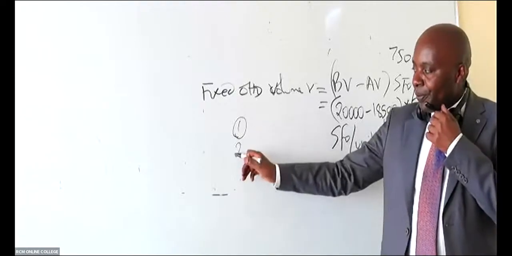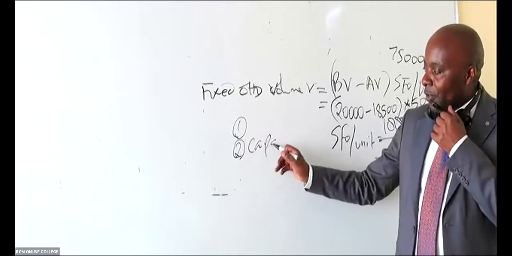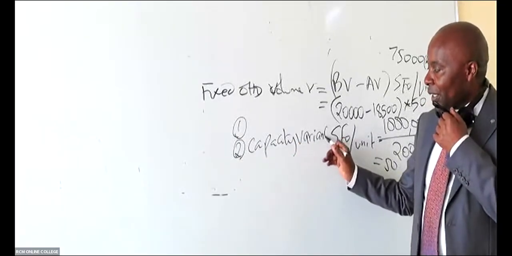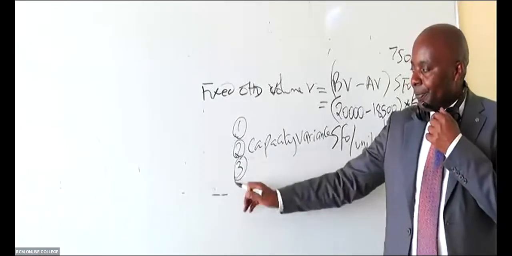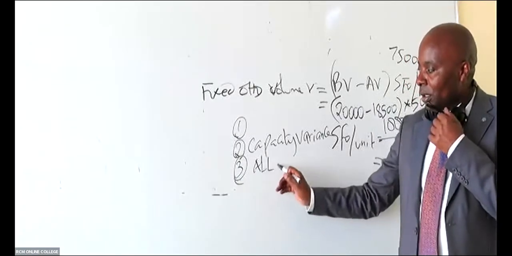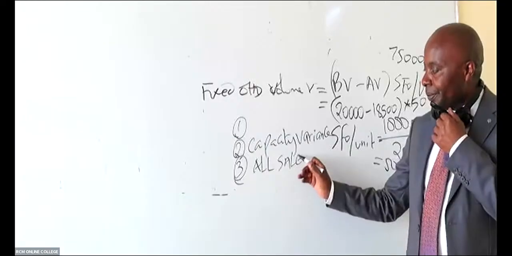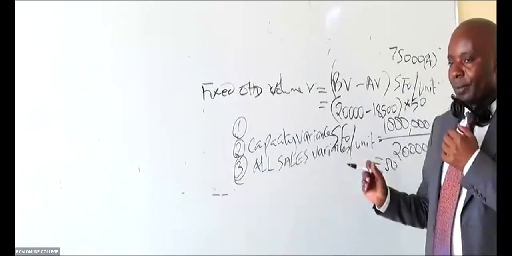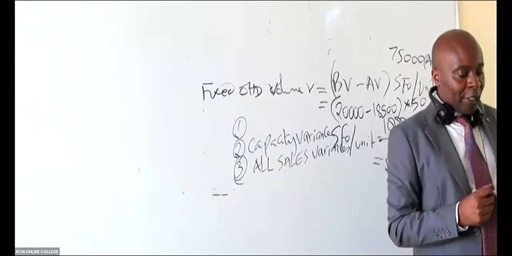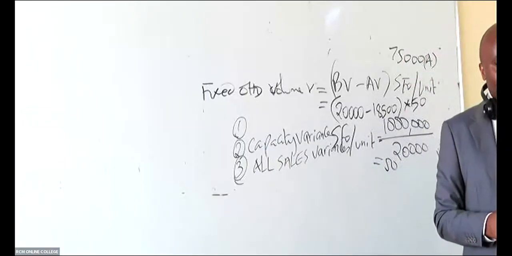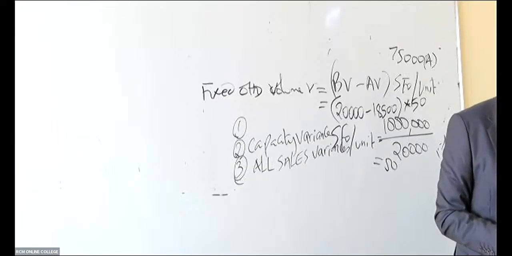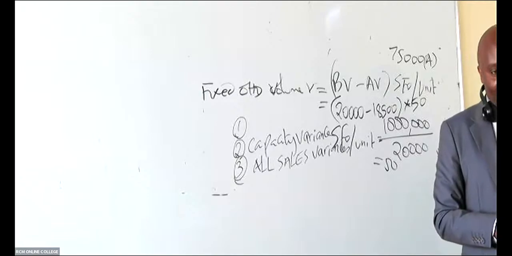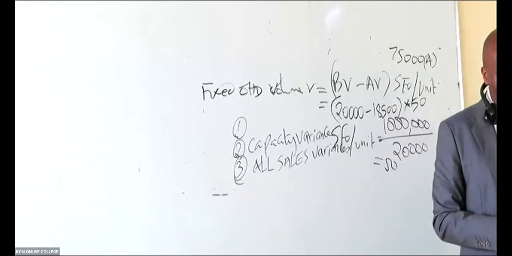Number two, fixed overhead capacity variance. Number three, all sales variances. There are three exceptional variances.